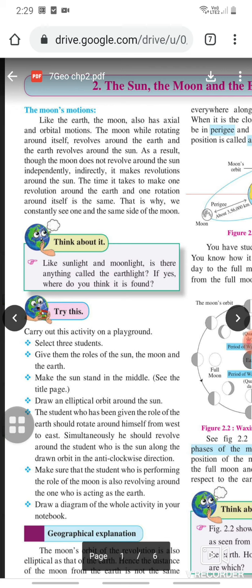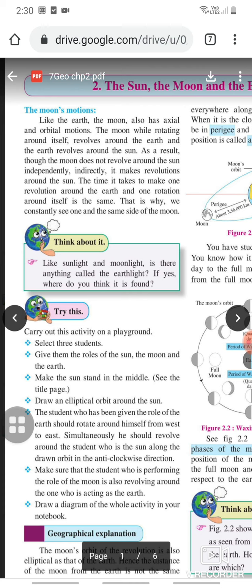As a result, though the moon does not revolve around the sun independently, indirectly, it makes revolutions around the sun. The time it takes to make one revolution around the earth and one rotation around itself is the same. That is why we constantly see one and the same side of the moon.